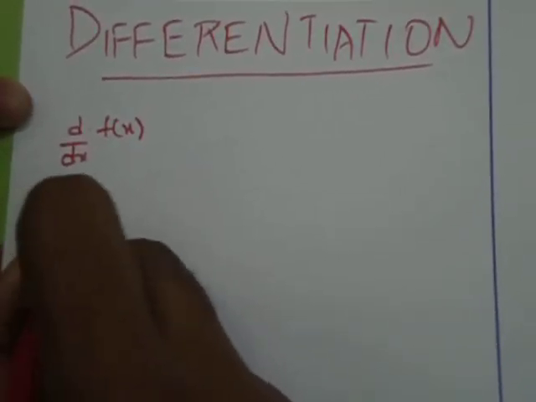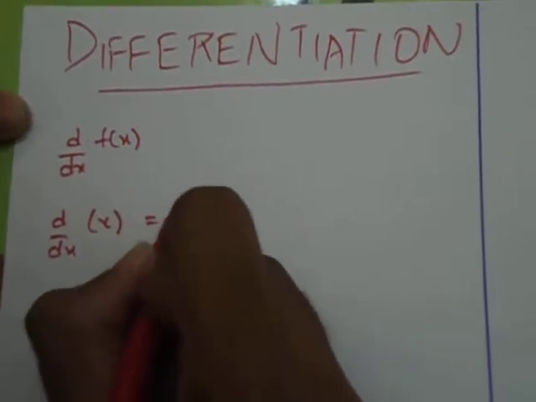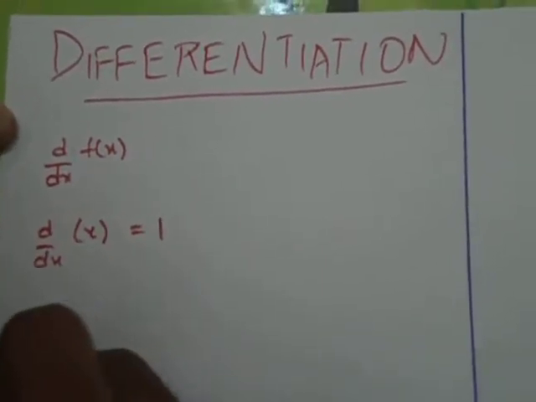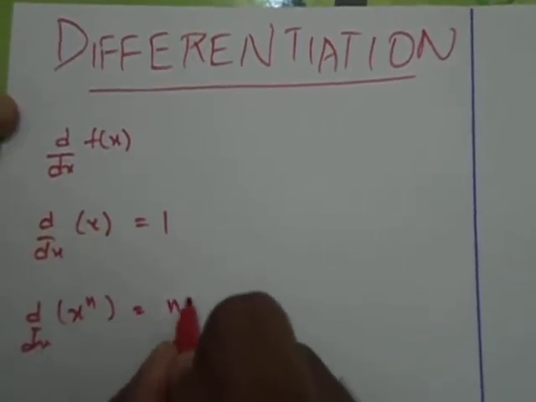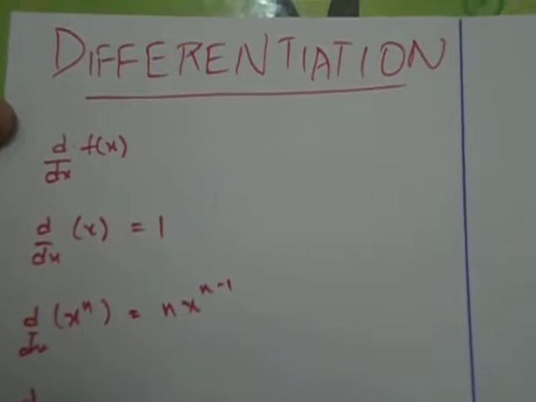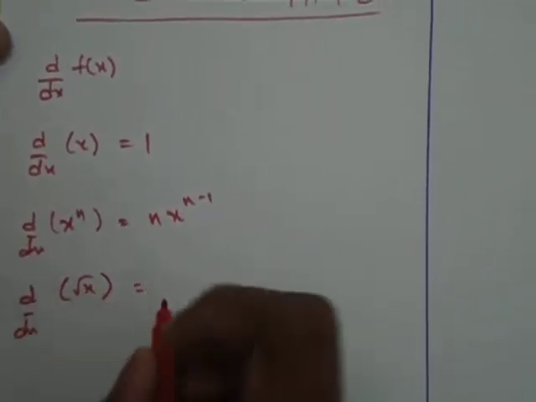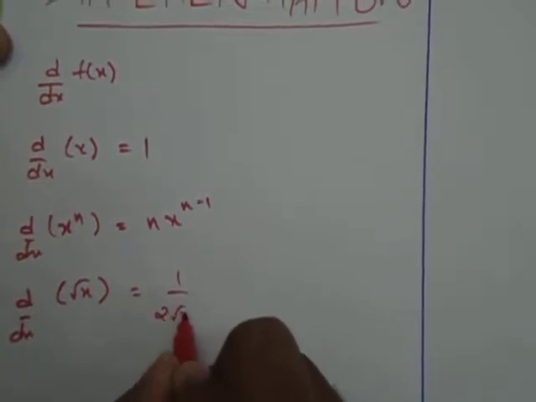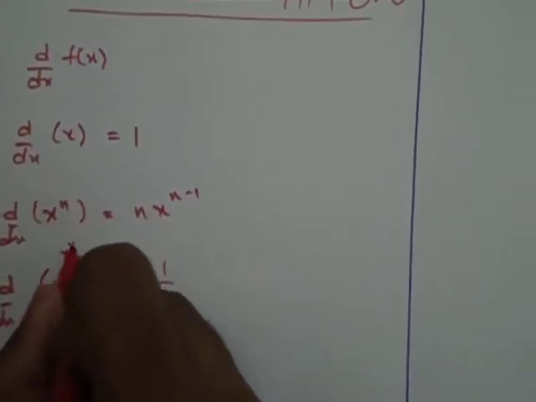First, d by dx of x is always 1. D by dx of x power n is n into x power n minus 1. D by dx of root x is 1 by 2 root x. This also can be seen as x power 1 by 2.